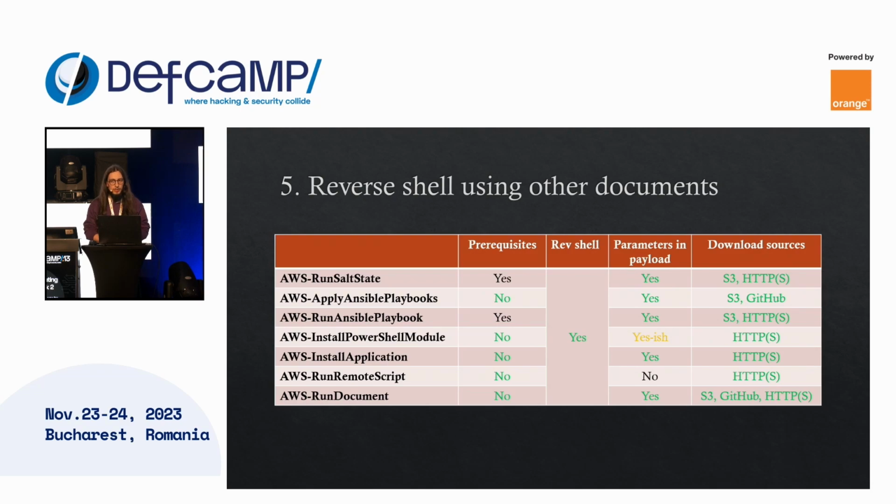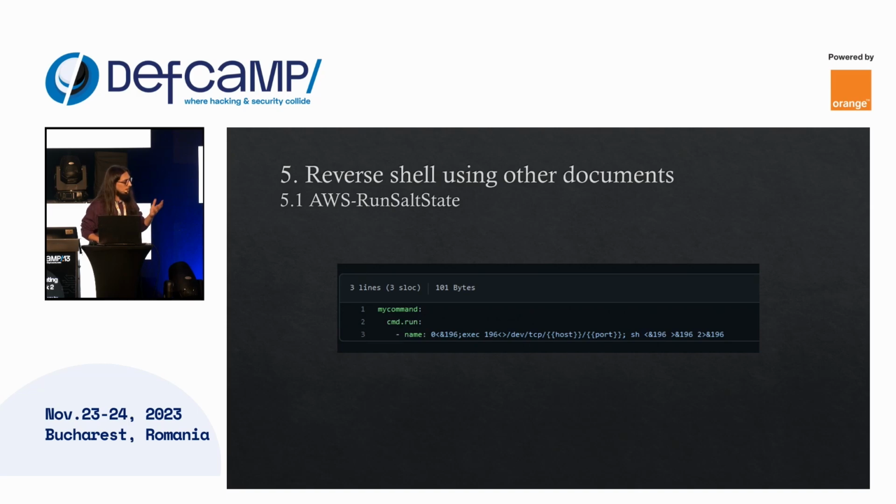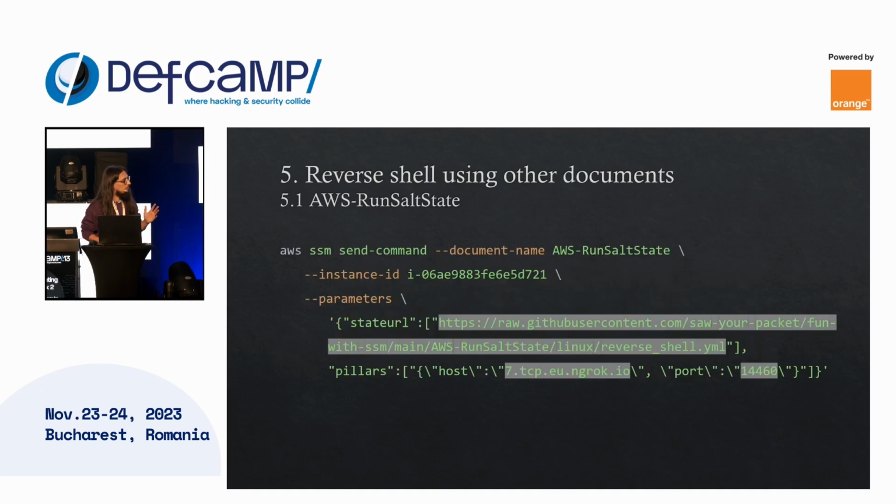Because of the time limitation, I will get into detail only on the last one, AWS-RunDocument, but I included the commands and some payloads in this presentation so that you can check them later. As you can see, the payloads are fairly simple. The AWS CLI command is fairly simple.